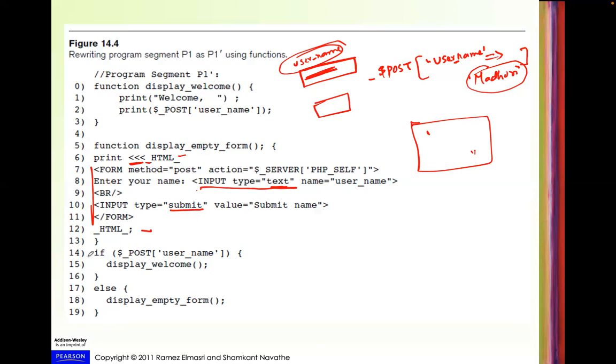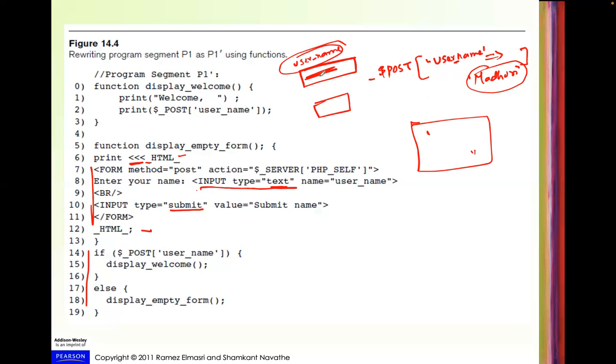Now here is the code that will be generated after you submit. After you submit, you can catch all the information using this post global array. Post has only one key, username.